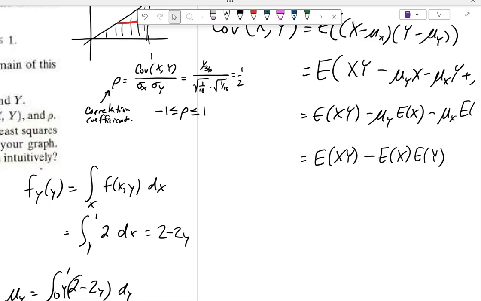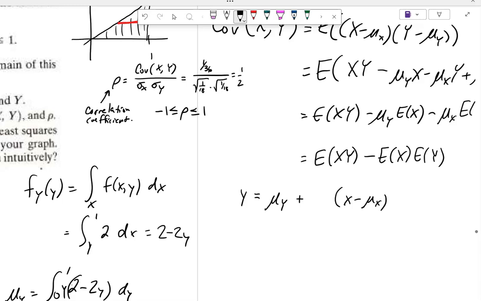Turns out that you can calculate your least squares line in a point-slope form that looks like the following. Your y is equal to mu sub y, your mean, plus a slope piece, which I'll write down in a second, times x minus mu sub x.